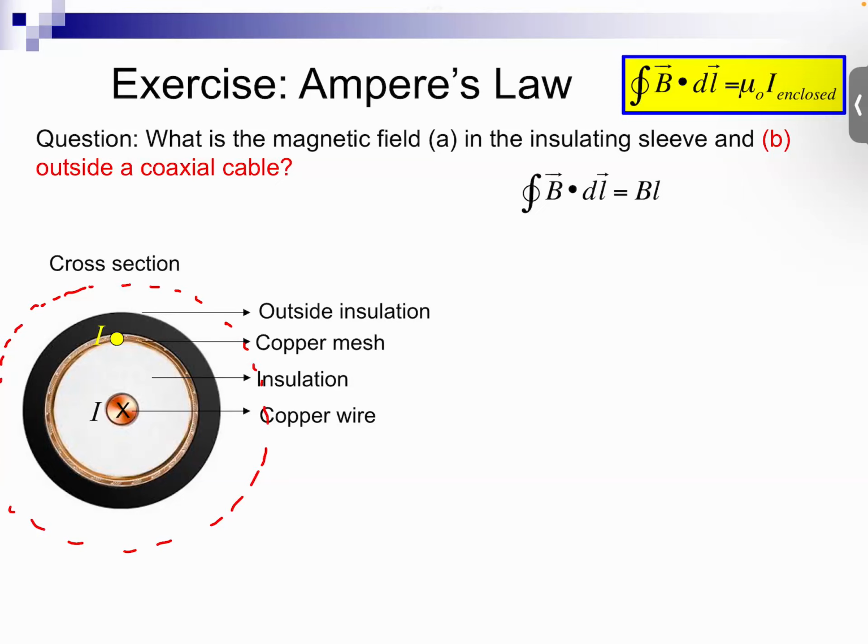So your integration path is a circle with arbitrary radius r, but that circle should be outside the coaxial cable, meaning the radius r of that circle should be bigger than the radius of the outside insulation.